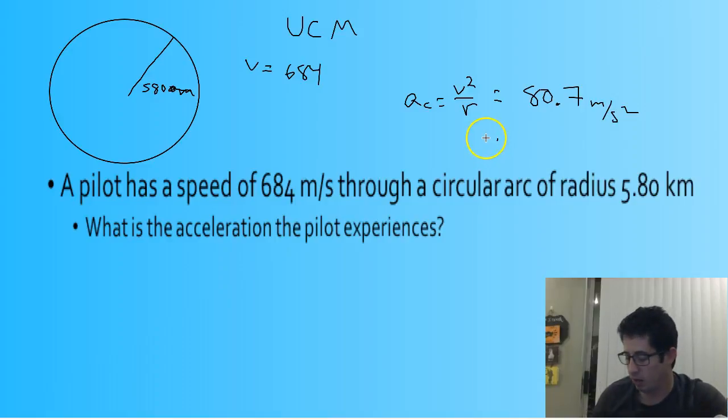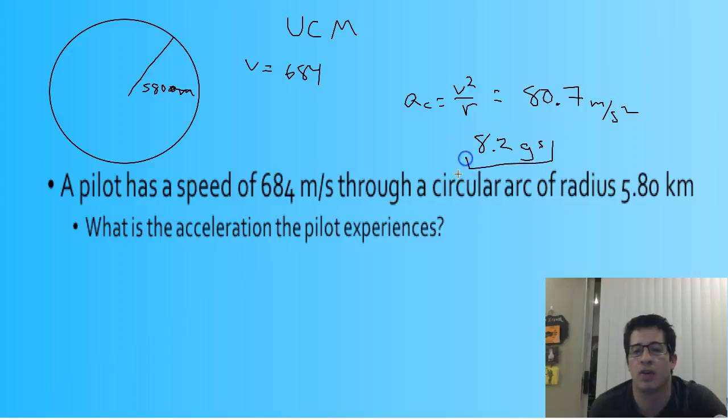Dividing it by 9.8, we get about 8.2 G's of acceleration, or 8.2 times the acceleration from gravity. And 8.2 G's is a lot. That pilot was probably getting close to passing out there. It's definitely pretty much near the limit of what a human can stay conscious for, at least for an extended period of time.